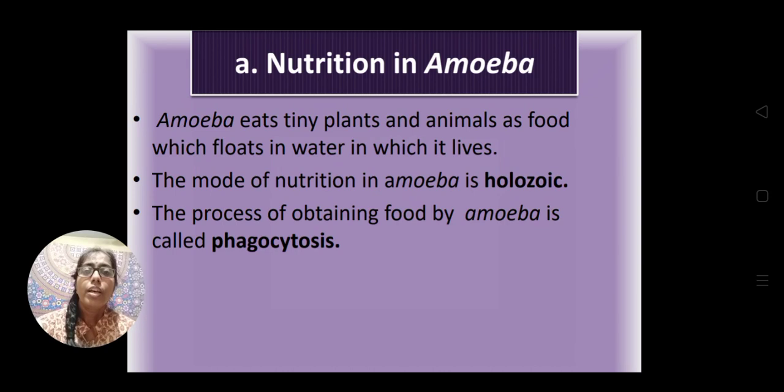Because the cell engulfs the food. Phagocytosis means cell eating. Phago means eating and cyto means cell. The whole body is composed of a single cell and that cell engulfs the food, so it is called phagocytosis.